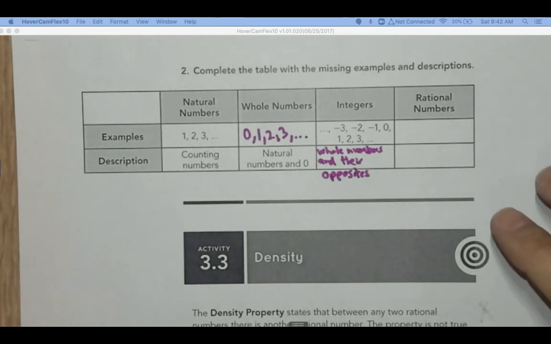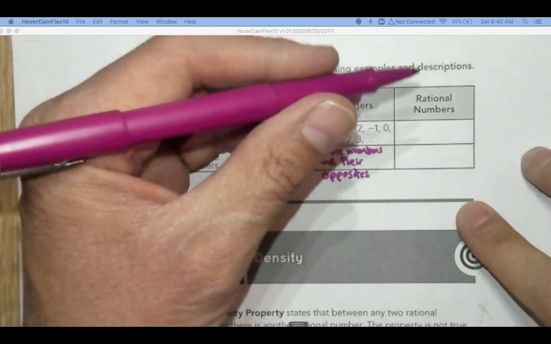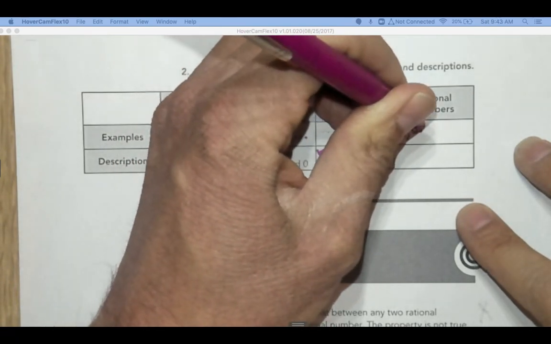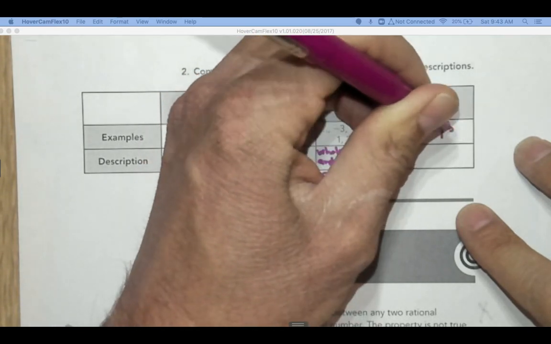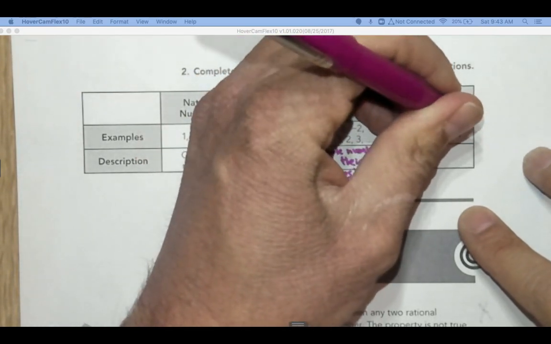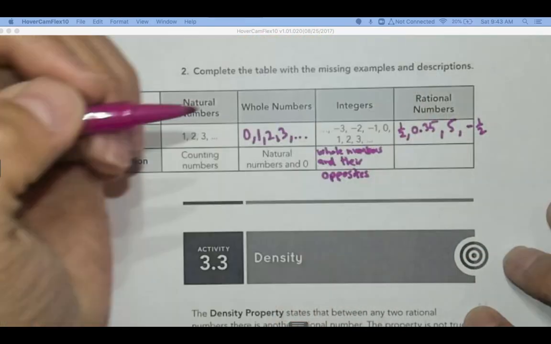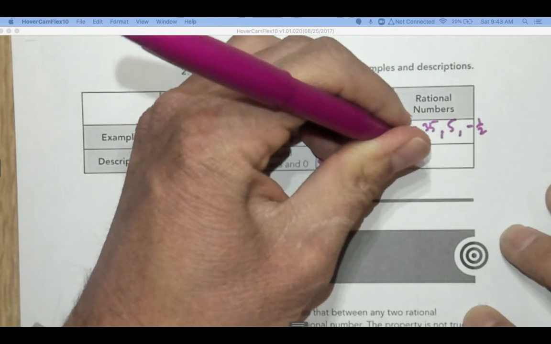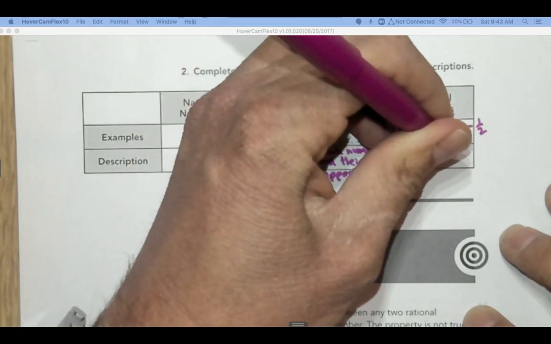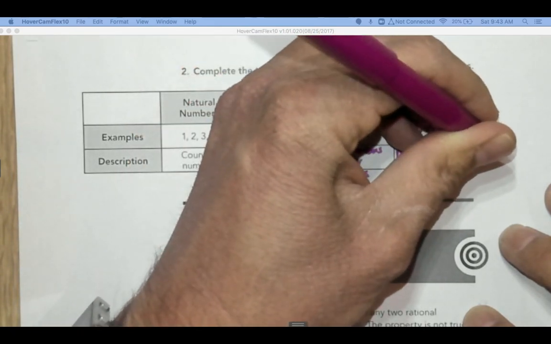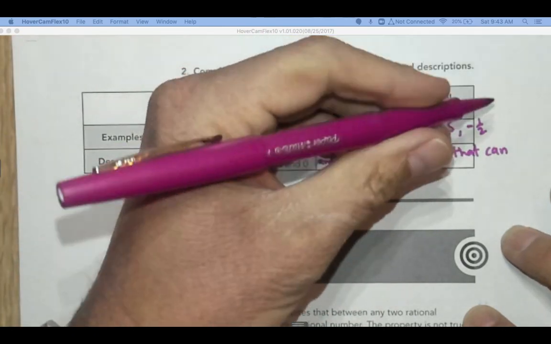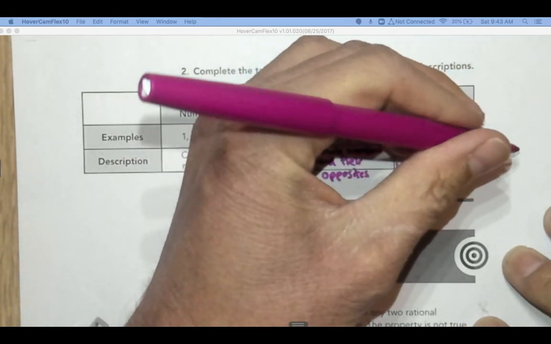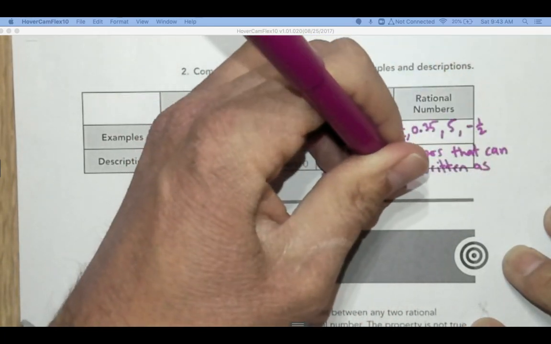Okay. And then rational numbers, I'll just give you some examples like 1/2, 35 hundredths, 5, -1/2. And so rational numbers are just numbers that can be written as a fraction.